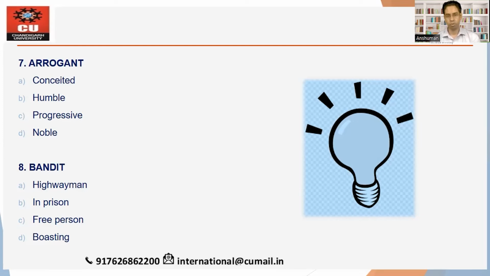If we see the options, option A talks about highwayman. A highwayman is a person who performs robbery along with their fellow men, right? Hence, the answer of question number 8 is A.